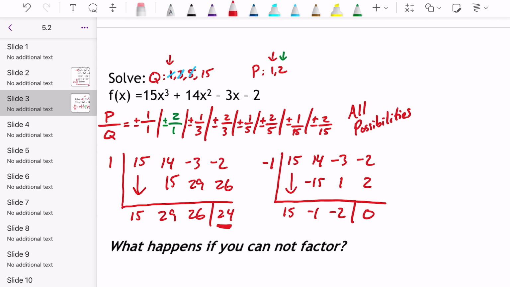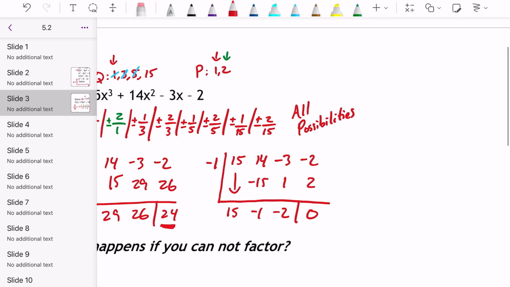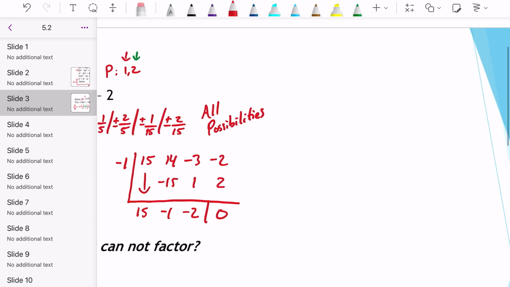So there are two things that will come from this. First, it's understanding that we have x equaling negative 1, and we know that our depressed equation would be the remaining factor.